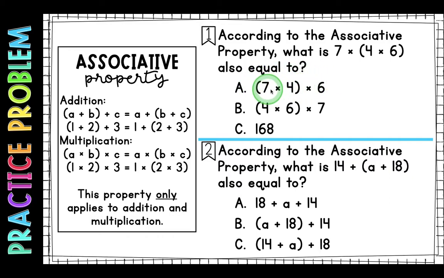I still have 7 times 4 times 6, but I've now regrouped, and I have 7 times 4 in the parentheses instead of 4 times 6. For the second one, same thing. I want to look for the one that has the same order. Only C works for that, but I'm basically regrouping, and instead of adding a plus 18 first, I would add 14 plus a first and still get the same result.